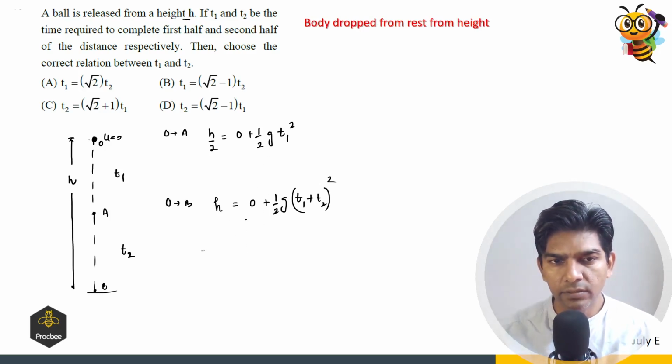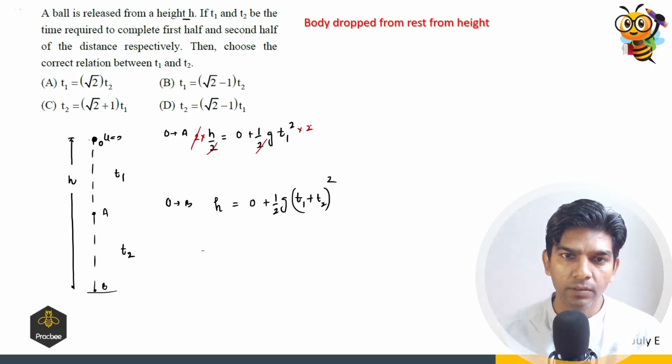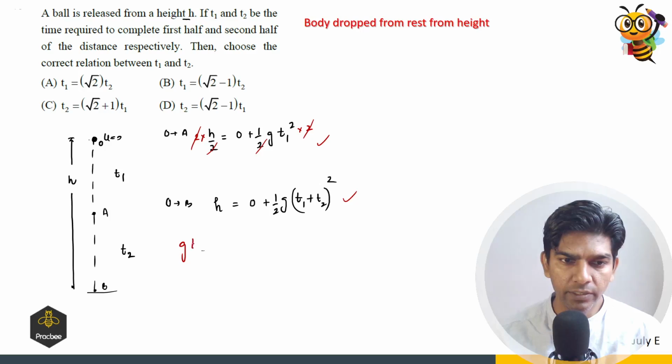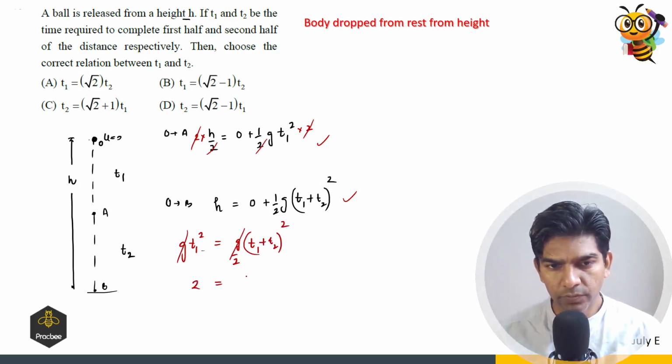If I just multiply the first equation with 2, we can equate these two equations. So we can say g t1 square equals g by 2 times (t1 plus t2) square. Now from this g will get cancelled out. So we got 2 equals (t1 plus t2) square divided by t1 square.